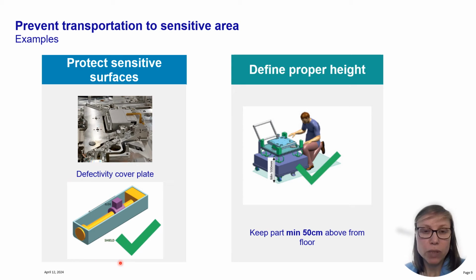And talking about general, when you have moving parts, think about shielding. And talking about moving, when parts are transported, keep them at a minimum height of 50 centimeters above the floor so no particles are added.